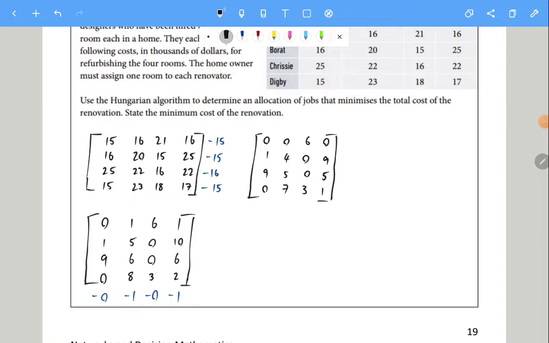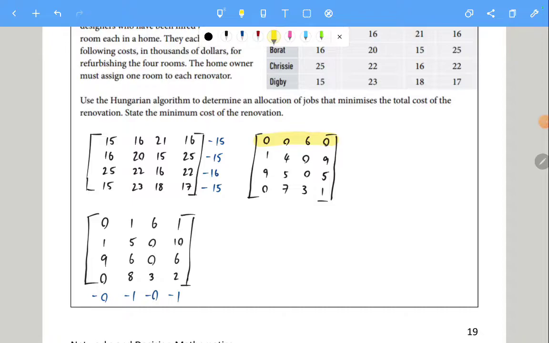Alrighty. So now we're up to the covering zeros check. And with this, sometimes, especially in a larger matrix, it's always going to be harder to cover your zeros. But again, the same principles apply, which is that you want to find a line that you can draw that's going to cover as many zeros as possible. So for example, this top row here, that covers 3 zeros just for one line.